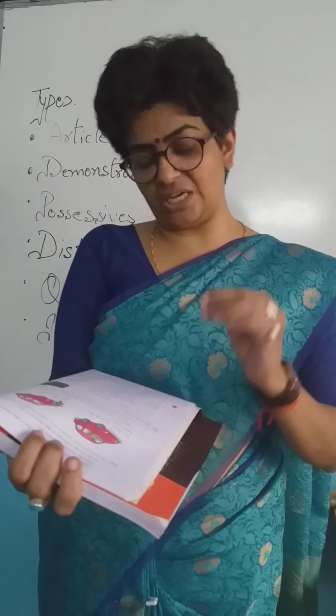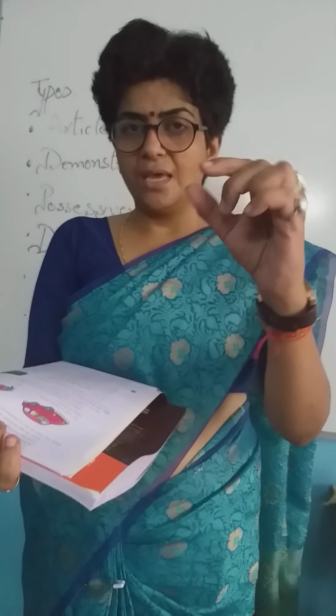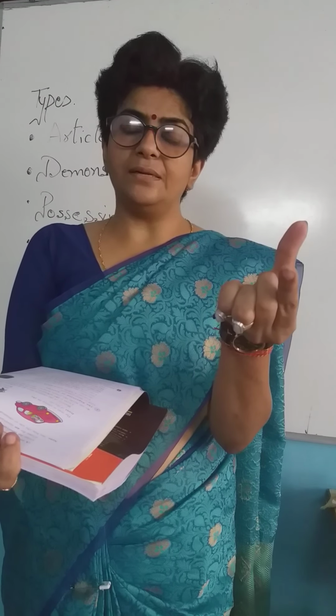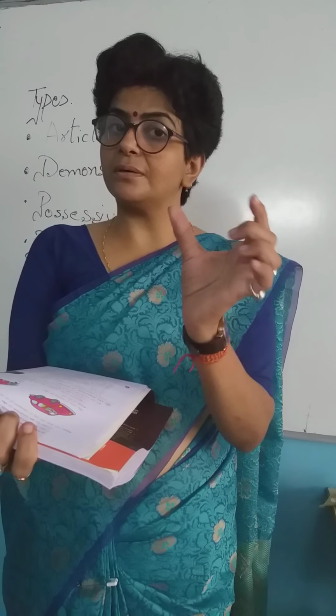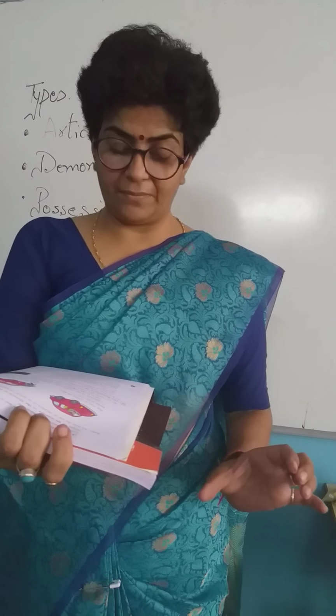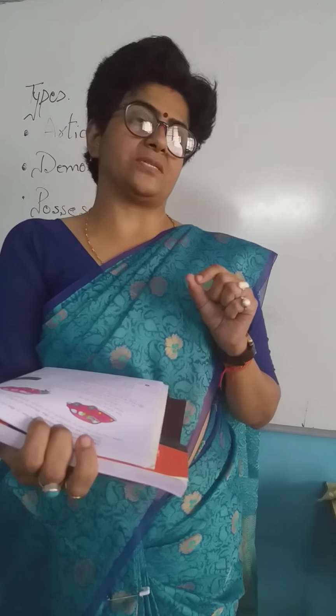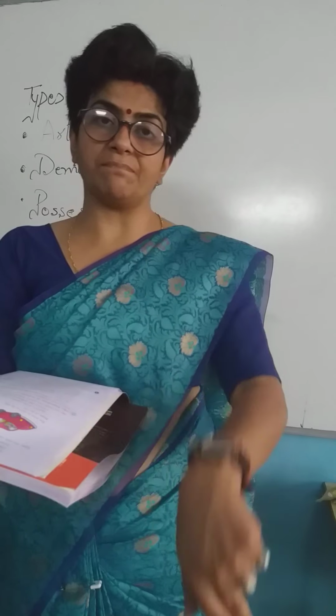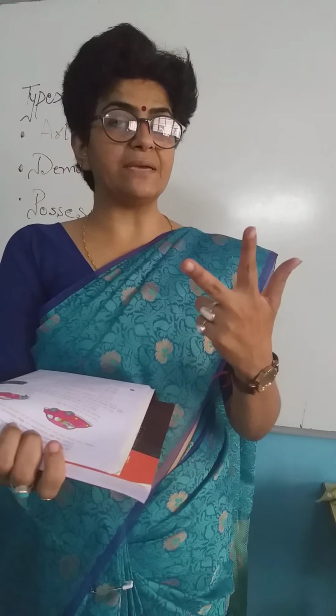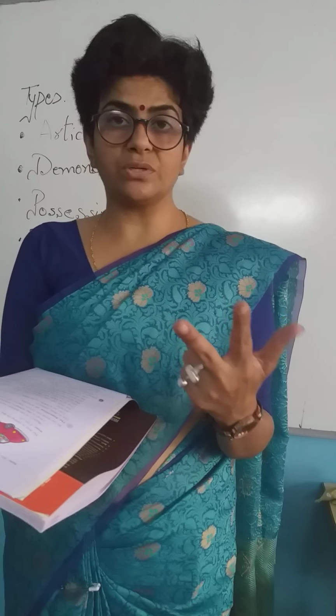Now if I change the sentence, just see. If I remove the article, it changes the whole structure of the sentence. The director and producer of the movie were not present. That means director and producer were the same person. When I was using the two times, I was talking about two different people.